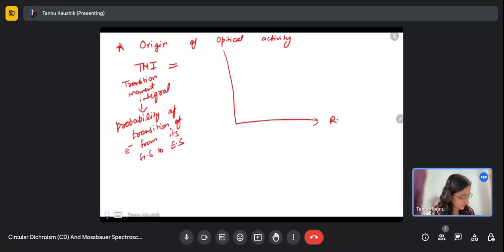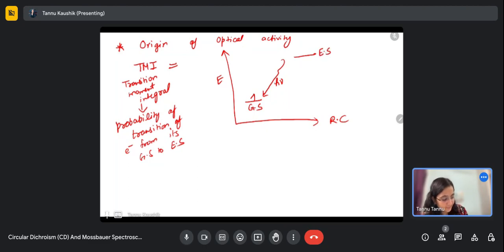So if we call this the reaction coordinate, and this the energy axis, if we have a molecule in ground state, and we irradiate it with plane polarized light, what would be the cases in which this molecule will go to excited state?